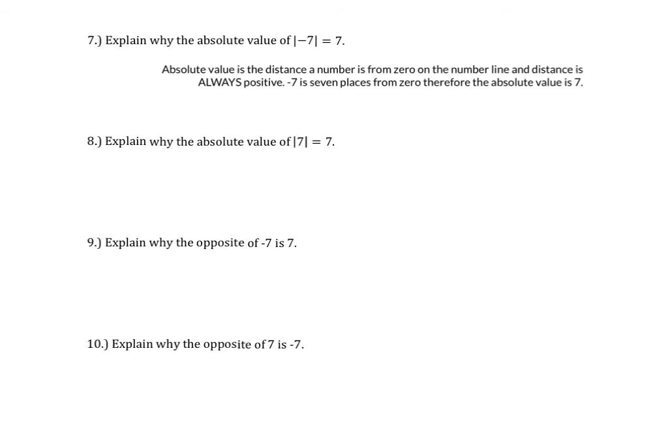All right, number 8 asks to explain why the absolute value of 7 is positive 7. Okay, so really I'm going to start my first sentence the exact same way.